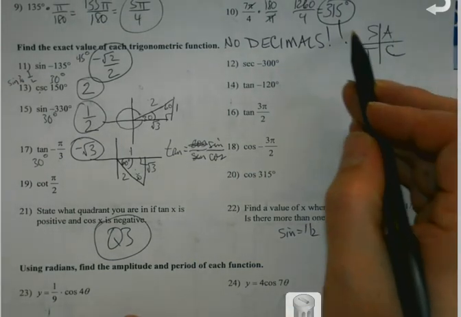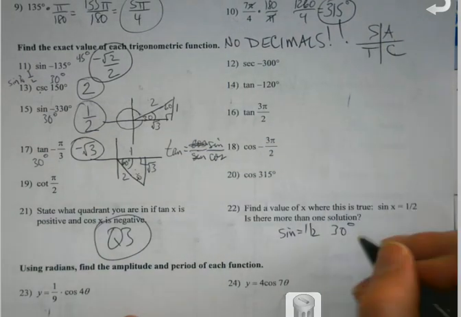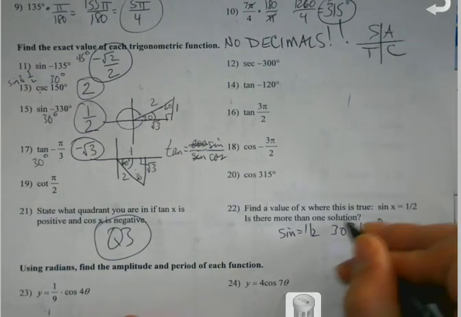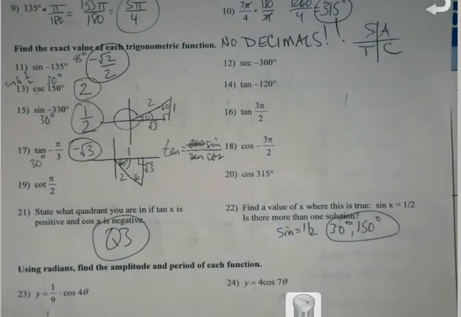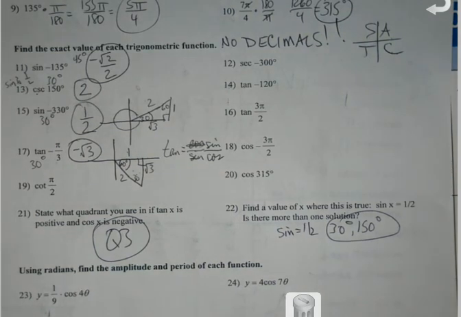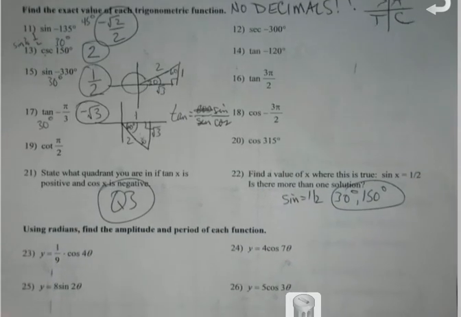Maybe a degree measure in quadrant 2 that has the same reference angle. Okay. Because if I found it in quadrant 3 or quadrant 4 to be negative, it wouldn't work out well for me. So that's one thing that I'd have to watch out for, that I'd have to look for.